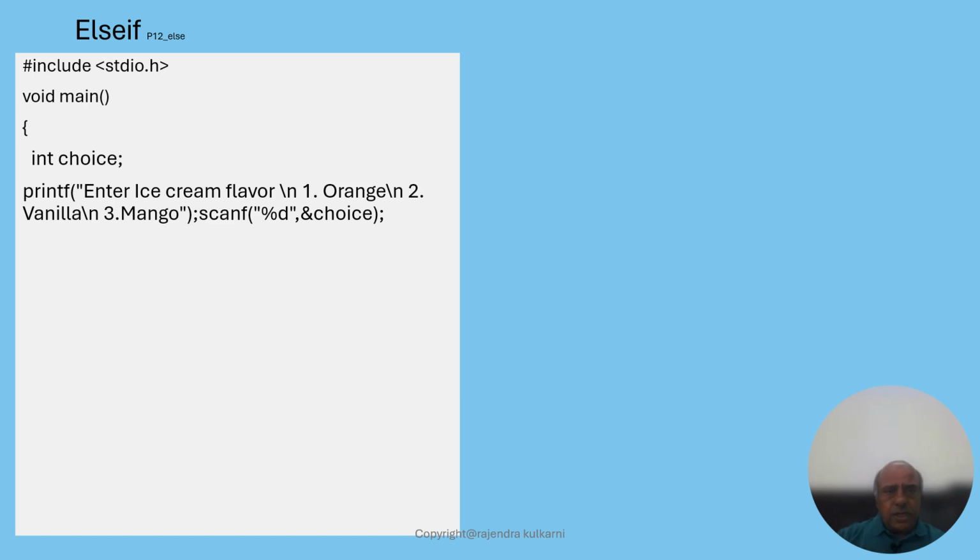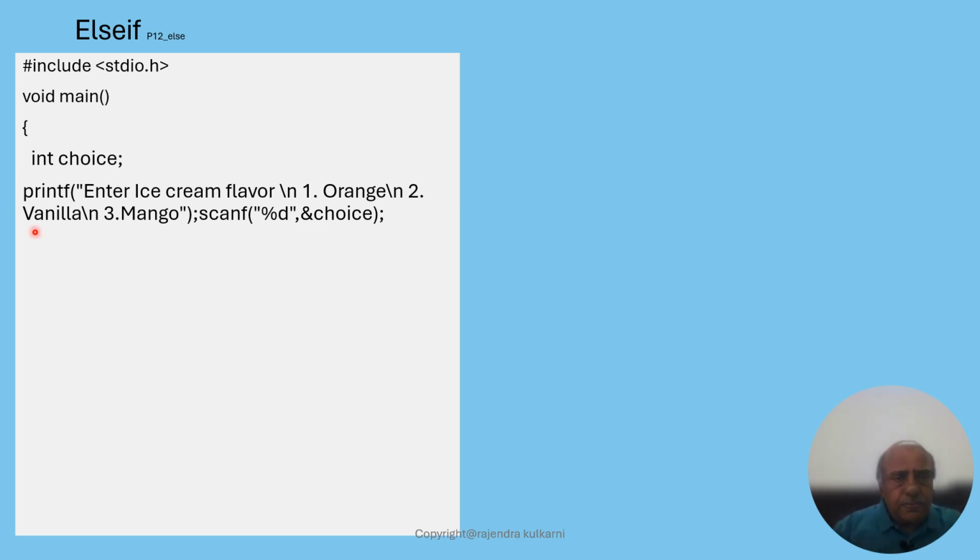Then we are going to see another way of using if else. Here we will be using else if as our else construct, the if else construct or decision making statement using else if.